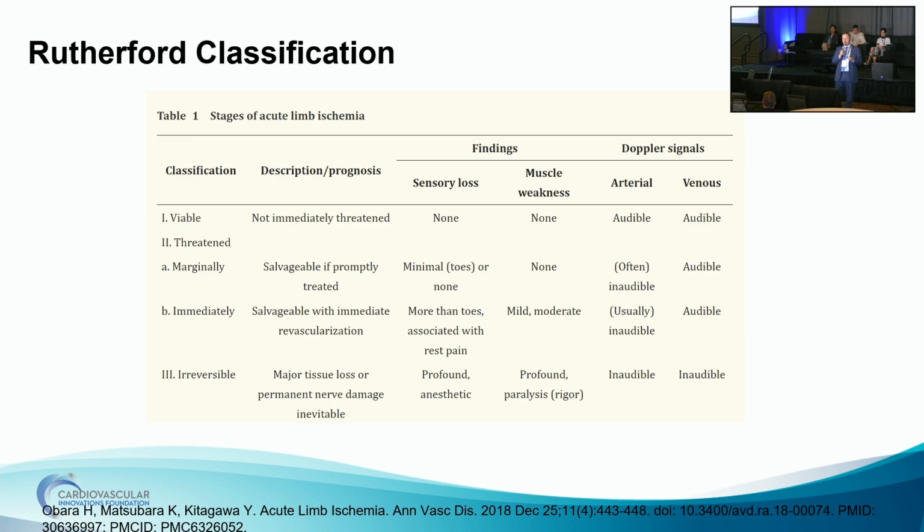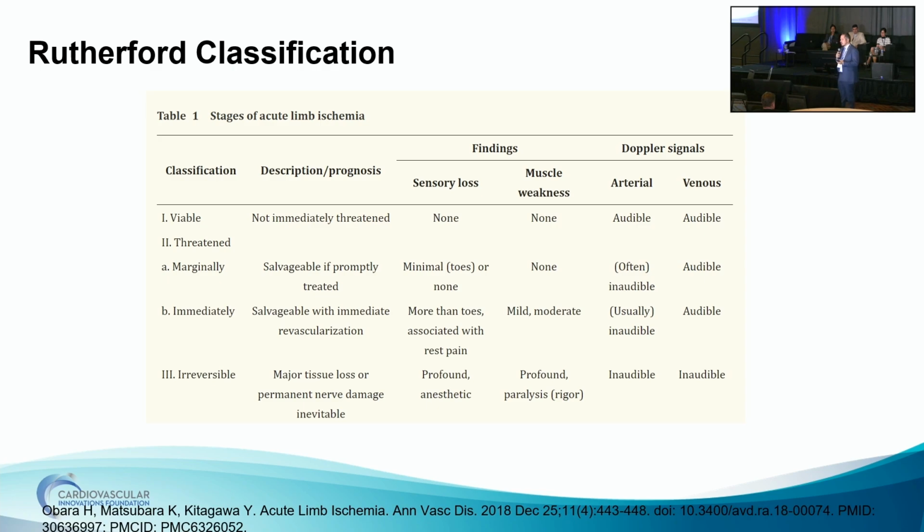I think people mix Rutherford classification versus acute limb ischemia. And I think it's important for our fellows and residents to understand the difference. And I think it's important to know what's viable versus threatened, which is 2A, 2B, or 3, and how can you recognize it. And when you go to examine a patient, you need to recognize which one this patient has, because the treatment is completely different.